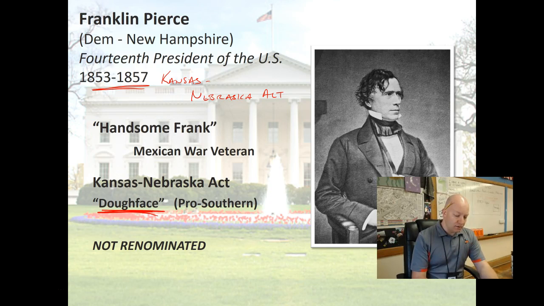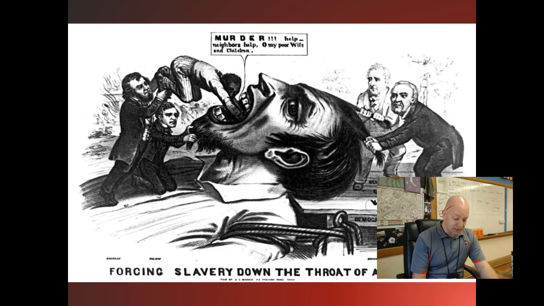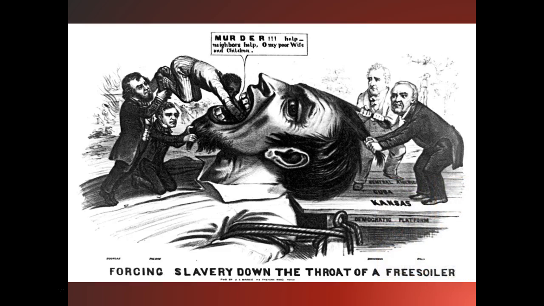So let's take a look at some of the things that happened during his presidency. This is a political cartoon that would be widely popular and circulated. This is the idea of forcing slavery down the throat of a free soiler. I wanted to share this with you because we can see some things here.